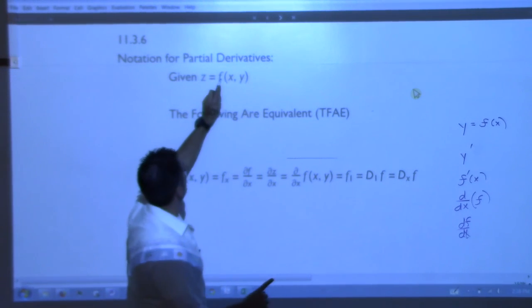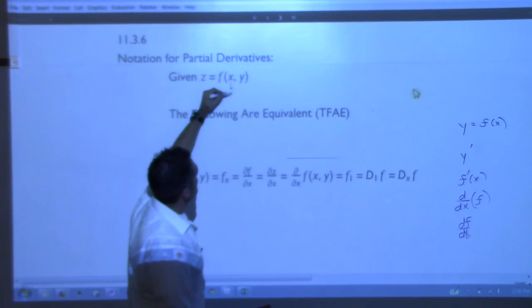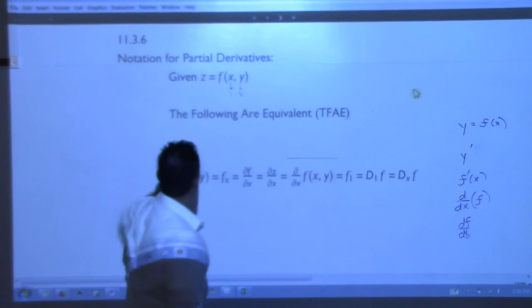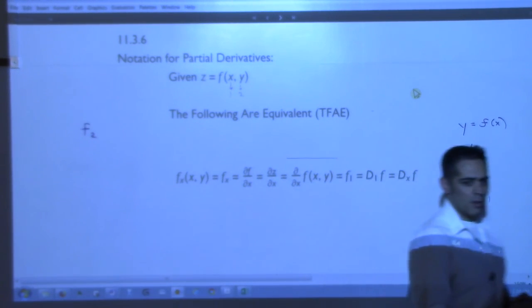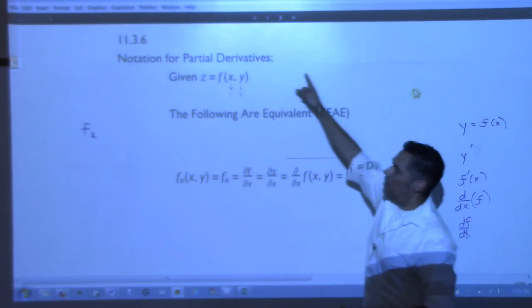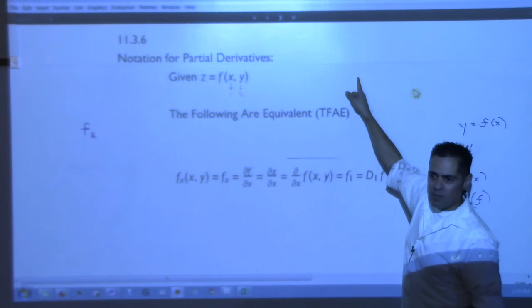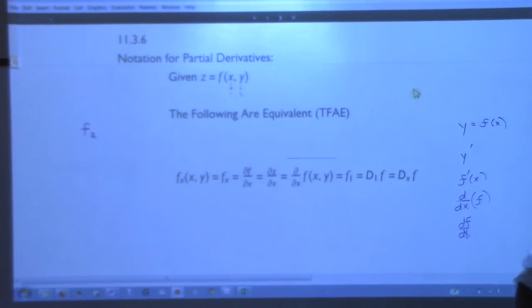You know how this is f of x, y? This is the first variable, and this is the second variable. So if you write f2, that means you're taking the partial with respect to y. And if this was a function of, say, 10 variables, you could say f subscript 7 or 8.